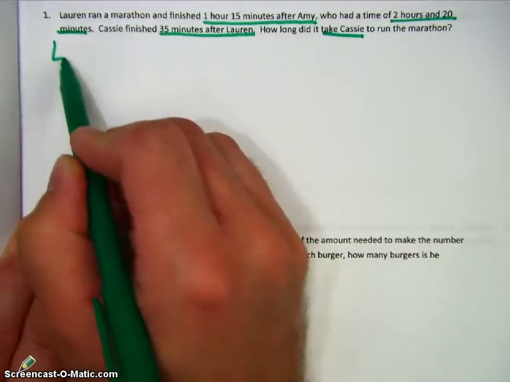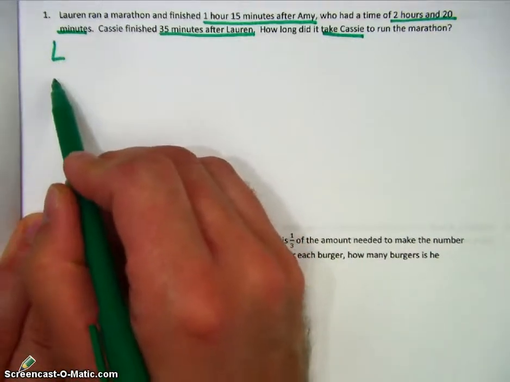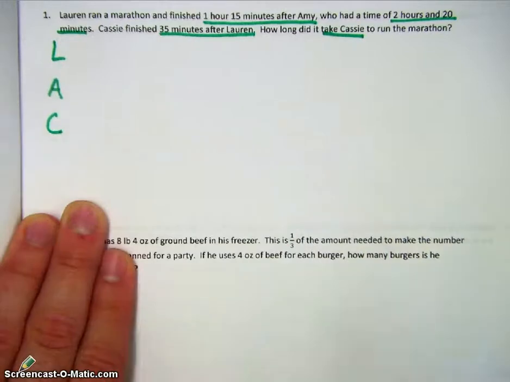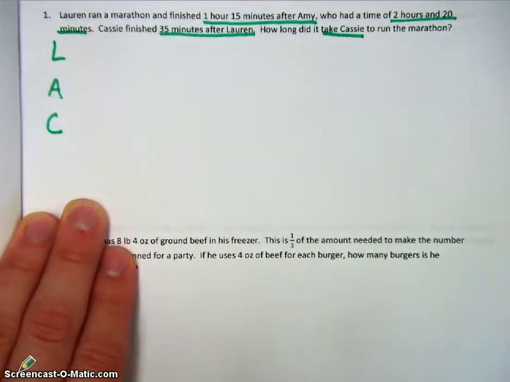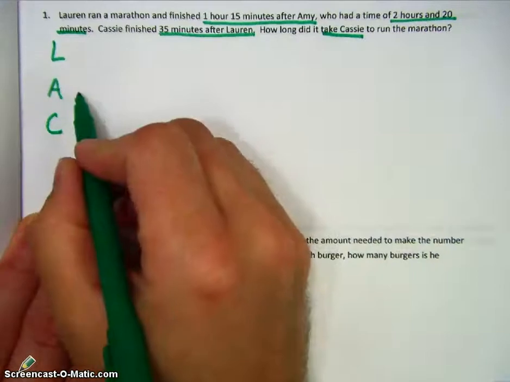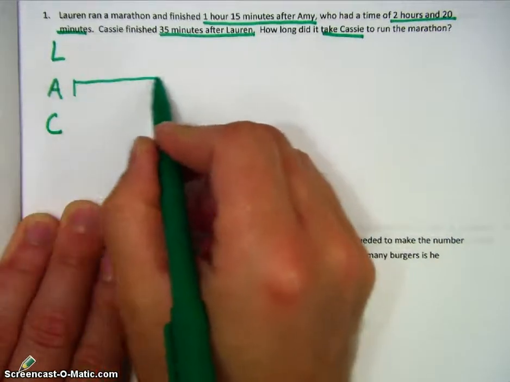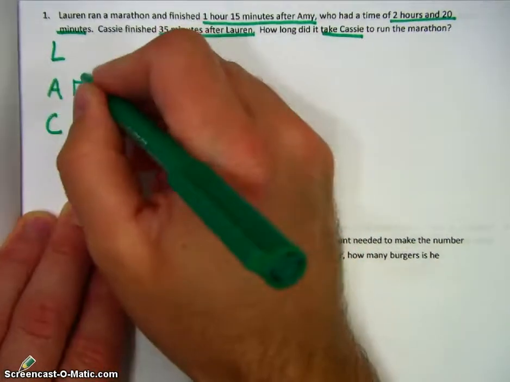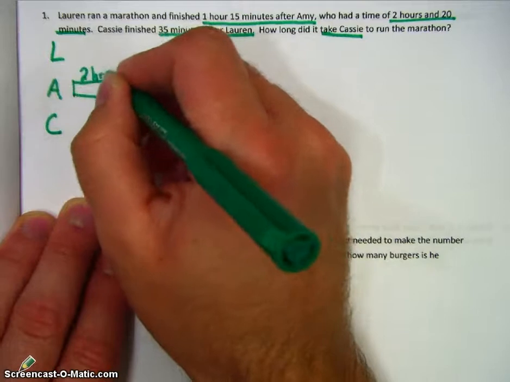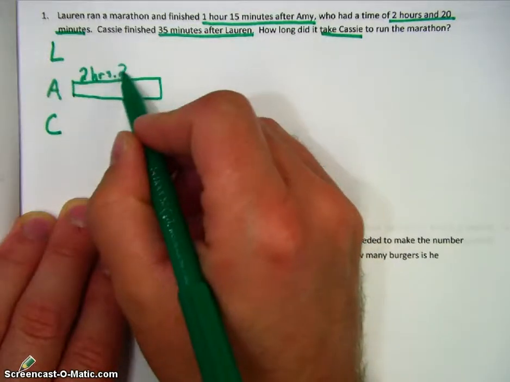Okay, so let's set this up with our three girls. We have Lauren, Amy, and Cassie. Now Amy's the one that we have an exact measurement time for. So we know that Amy had a time of 2 hours and 20 minutes.